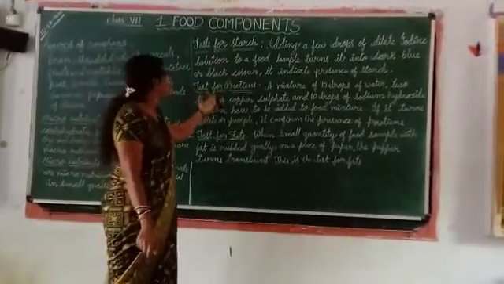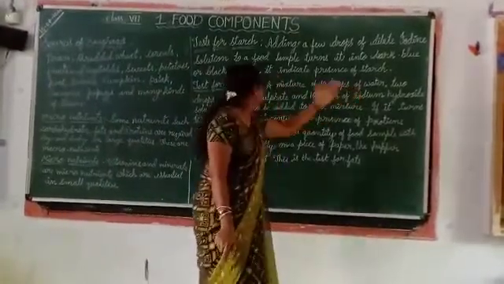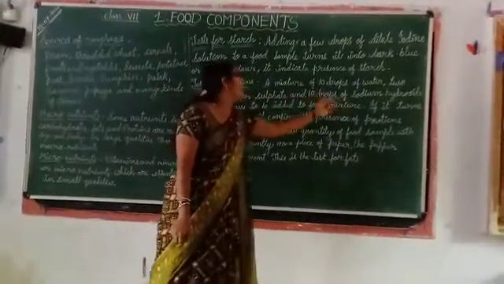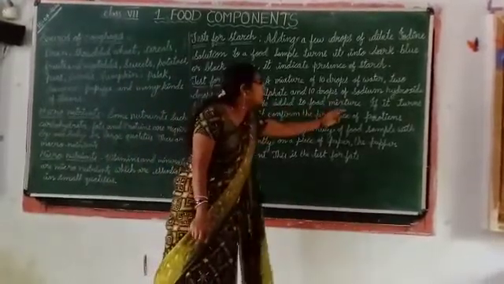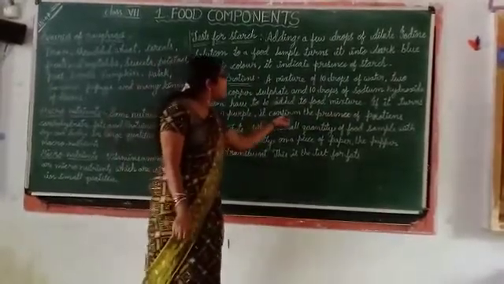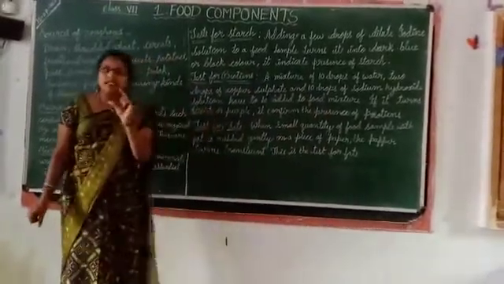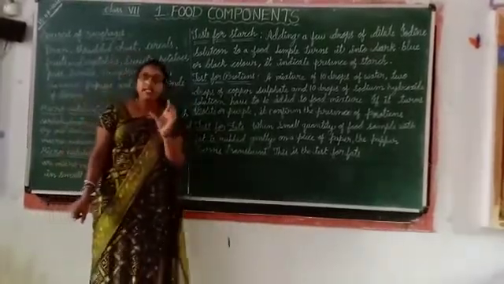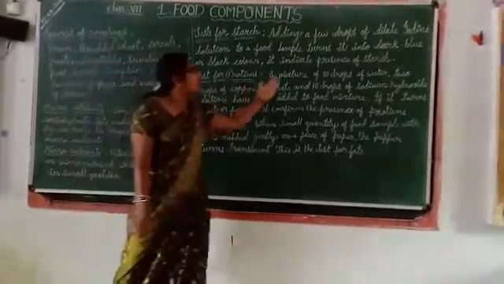And the next one is the test for proteins. See, a mixture of 10 drops of water, 2 drops of copper sulfate and 10 drops of sodium hydroxide solution has to be added to the food sample. If it turns violet or purple in color, it confirms the presence of proteins. For example, if you take one egg, children, okay, egg, and put it in a container, a test tube, and take 10 drops of water.